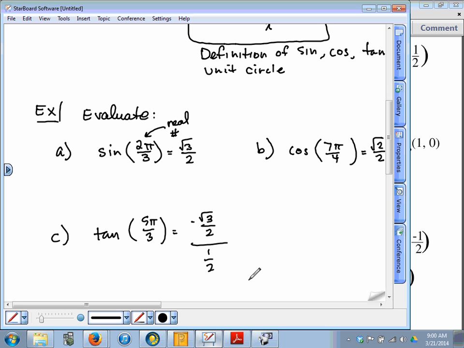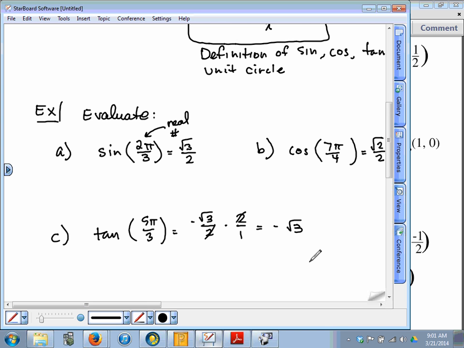Dividing by 1/2 is the same as multiplying by 2 over 1. 2's cancel, and you get negative square root of 3.